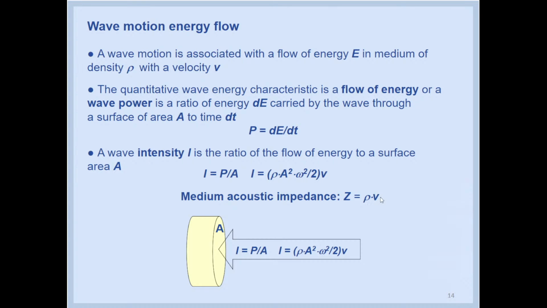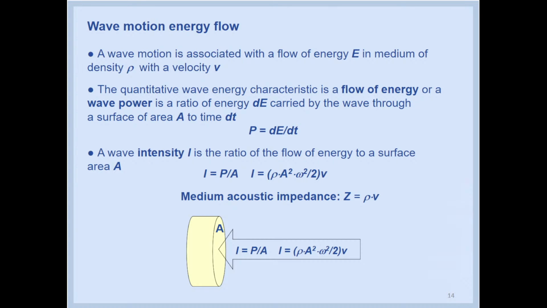Velocity depends on the character of the medium. Would it be solid, would it be liquid, would it be gas? The largest velocity is in solids. The middle velocity is in liquids.